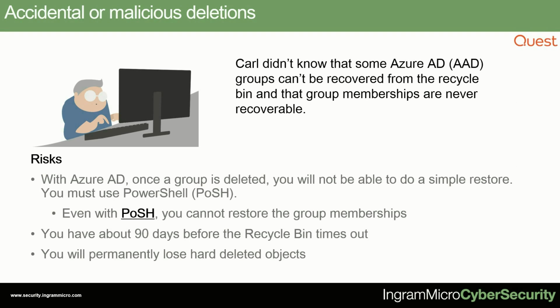He is not aware that some of the attributes cannot be recovered easily from the recycle bin in Azure AD. So what are the risks here? First, you will not be able to easily retrieve the deleted security group. You need a better understanding of the PowerShell commands, right? Even if you are an expert on PowerShell, you cannot restore the group membership within the deleted group.